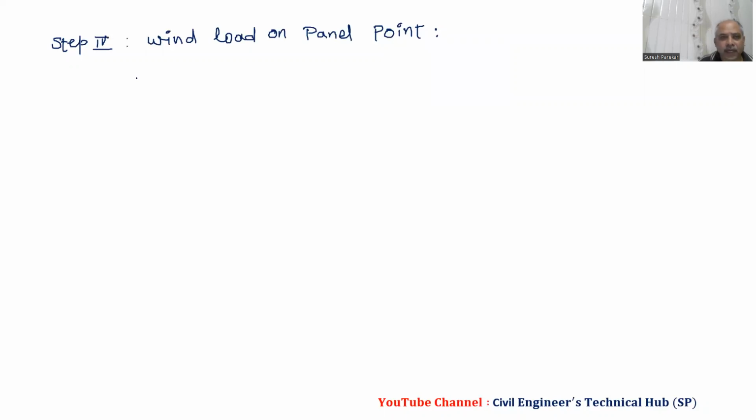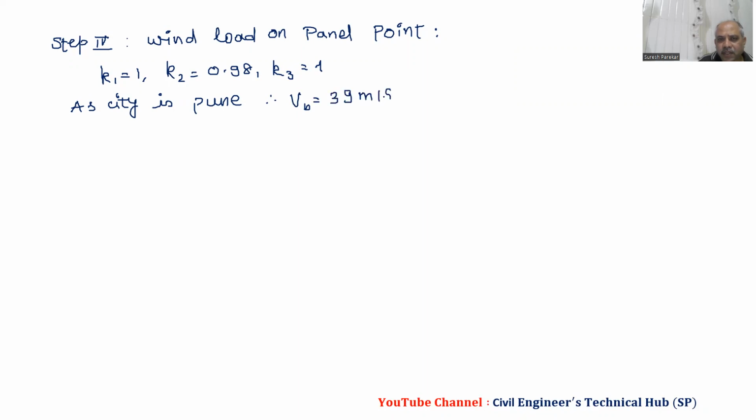We have been given K1 is 1, K2 is 0.98, and K3 is 1. We have been given the city as Pune, and therefore we have VB is equal to 39 meters per second.